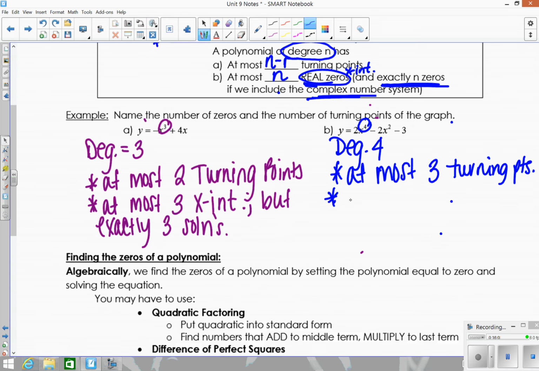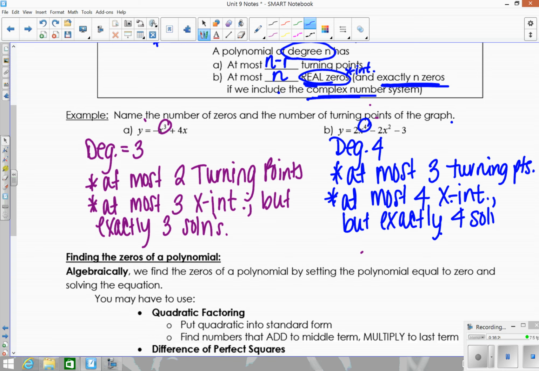And we would have at most 4 x-intercepts, because that means we could have at most 4 real solutions, but we would have exactly 4 solutions if we were to solve this.